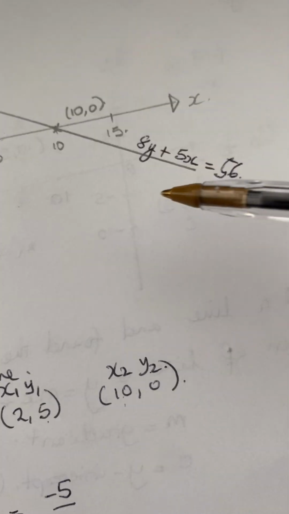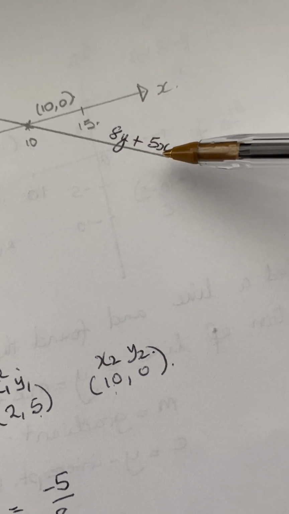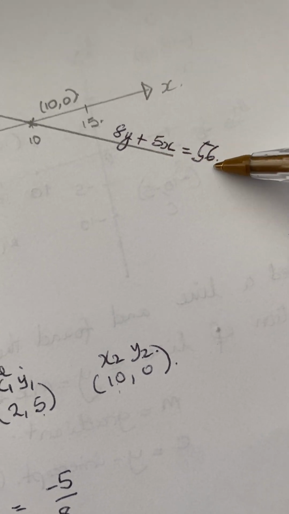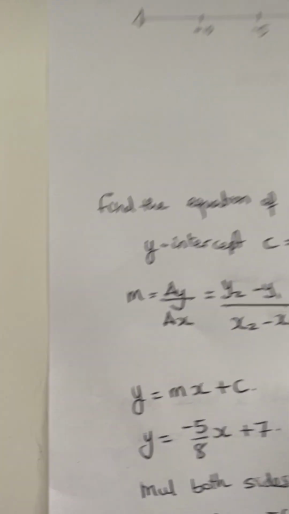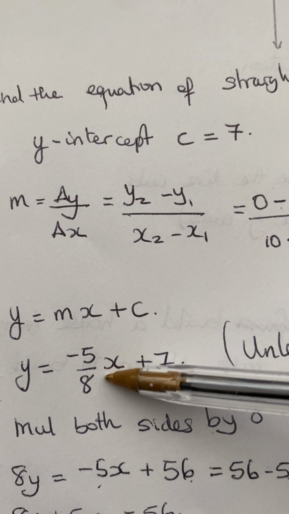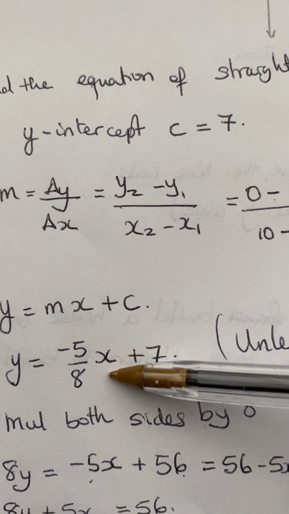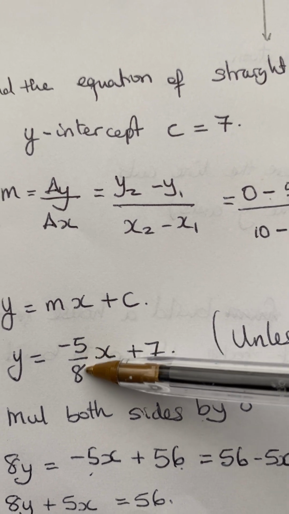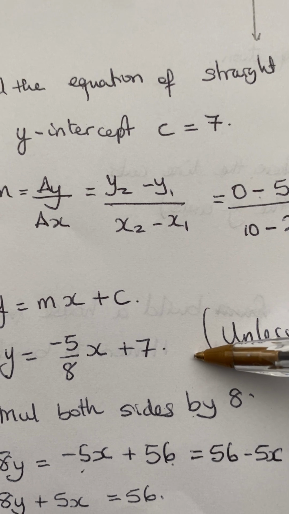So here I've written 8y plus 5x equals 56, but I could have also written y equals minus 5 over 8x plus 7.